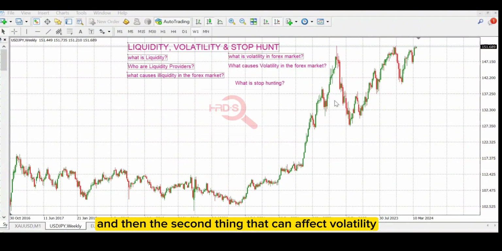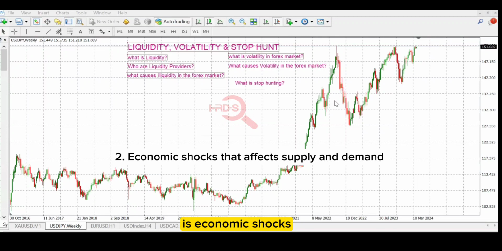And then the second thing that can affect volatility, remember, the volatility is the rate at which the price of an asset can increase or decrease over a period of time. So the second thing that can affect volatility in the forex market is economic shocks that affect supply and demand.